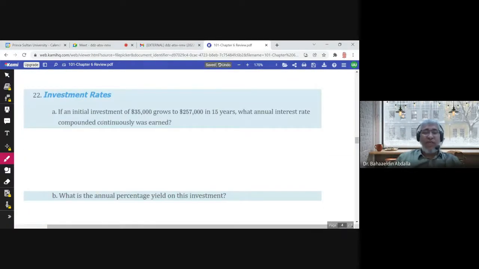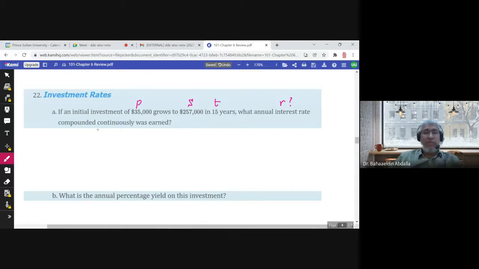If an initial investment of 35,000 grows to 257,000, so this is P, and it grows to this in 15 years, what annual interest rate, so r is missing here, compounded continuously was earned?